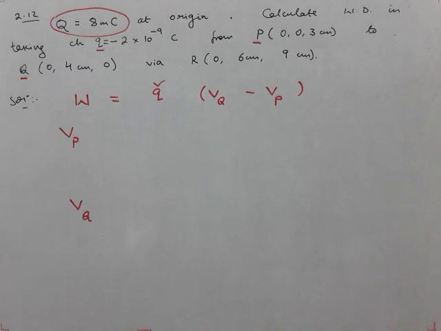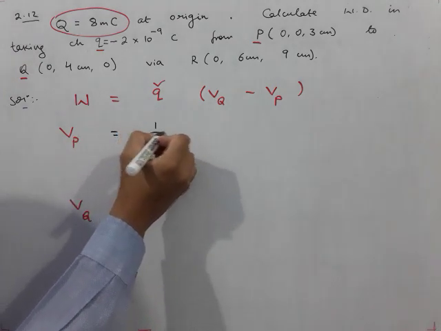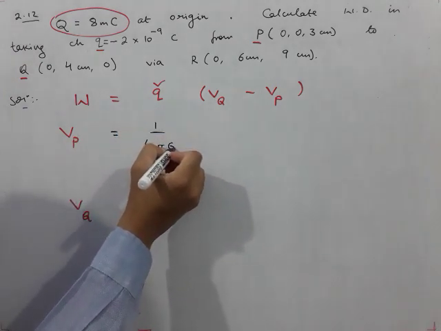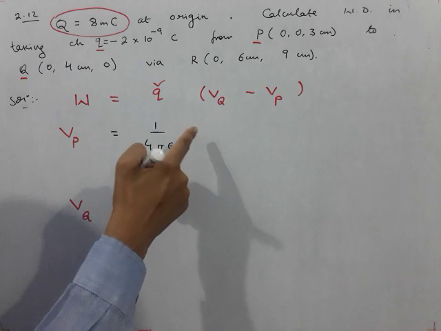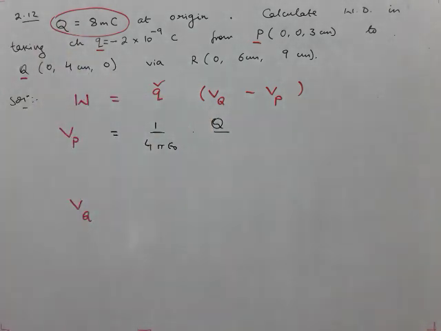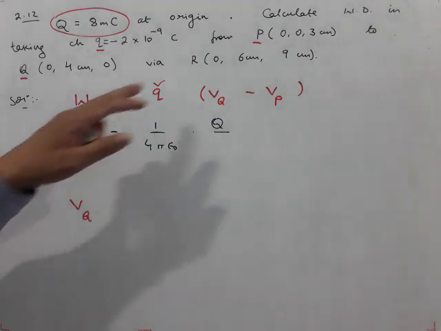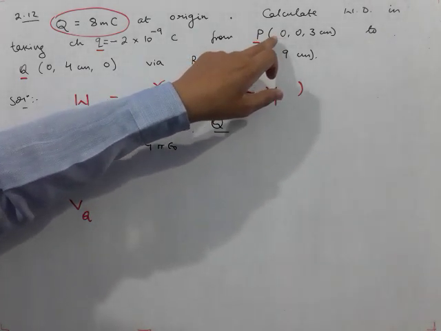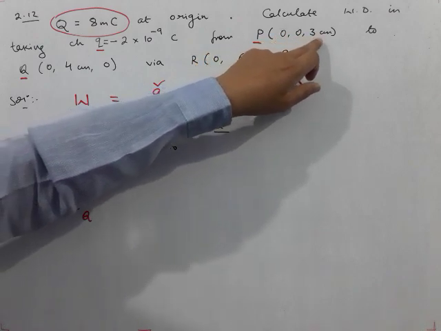So how do you find Vp? You know students, the formula for potential is 1 by 4 pi epsilon naught times charge, the charge is capital Q, upon r. r is the distance of the point from the charge. We are finding potential at point P. Point P has coordinates 0, 0, 3 centimeter.